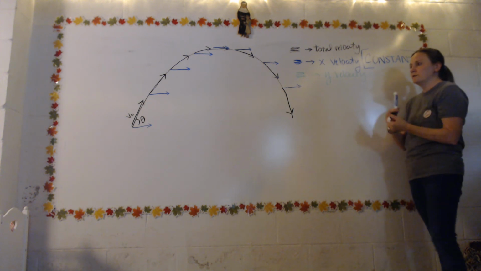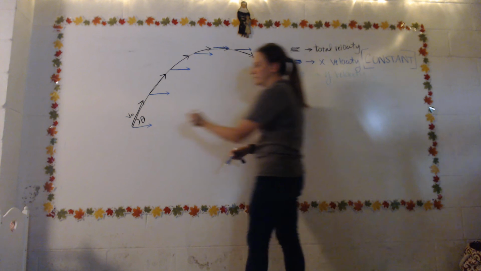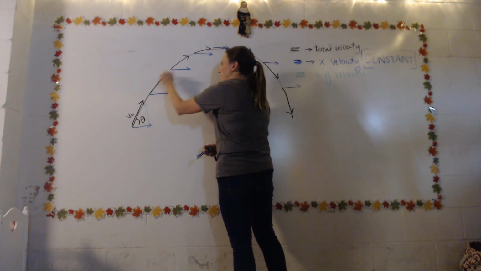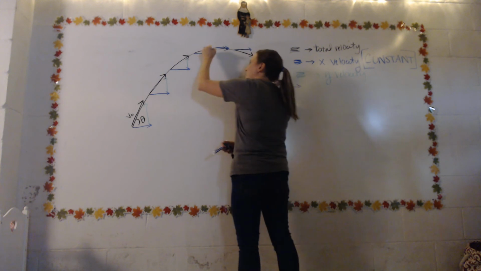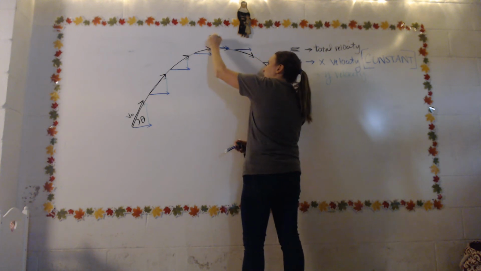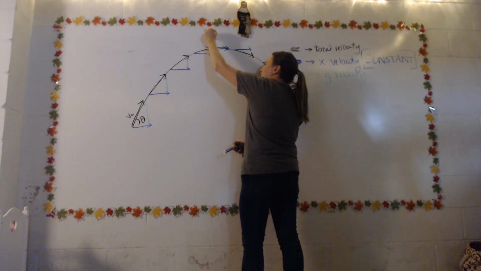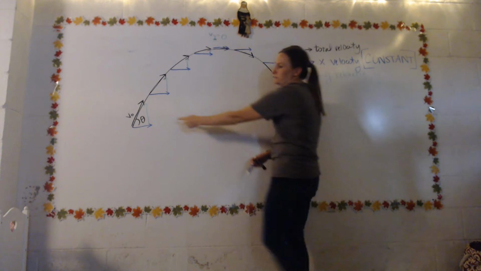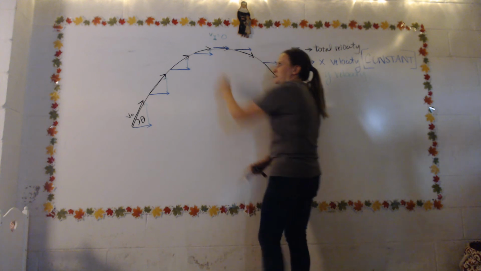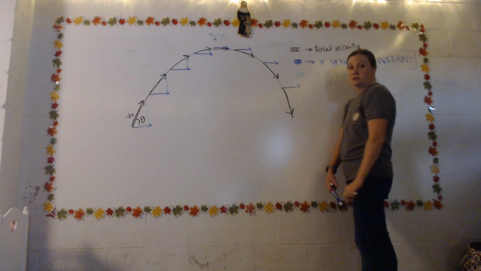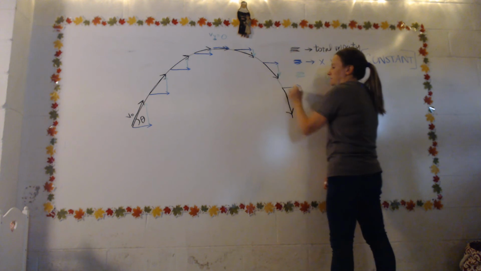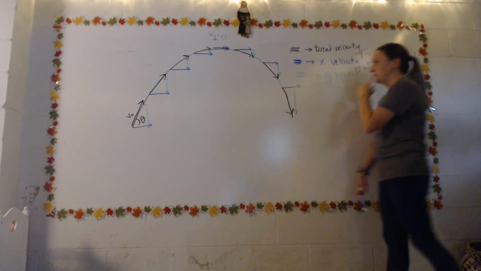Now, our y velocity, I'm going to use the green for the y. So we see it going up. And what we notice, if I draw these little triangles, as it goes up, right here at the top, it's 0. So I'm going to say Vy is equal to 0. As it goes up, the green arrow, which would indicate the vertical component, is shrinking. And then as it comes back down, that green arrow is growing larger and larger.